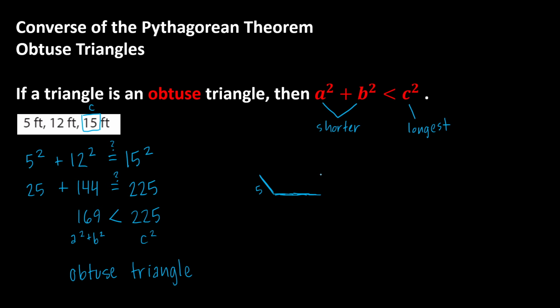So this is my 12-foot side length, and the longest side is going to be a little bit greater than the 12-foot side length, and that's 15. Again, drawing is not a reliable way unless you have exact perfect measurements to determine whether a triangle is right, acute, or obtuse. The most reliable way here is to use the converse of the Pythagorean theorem like we've been doing.